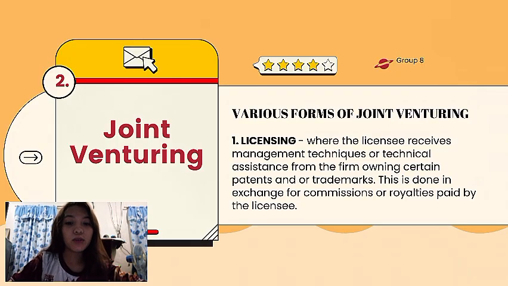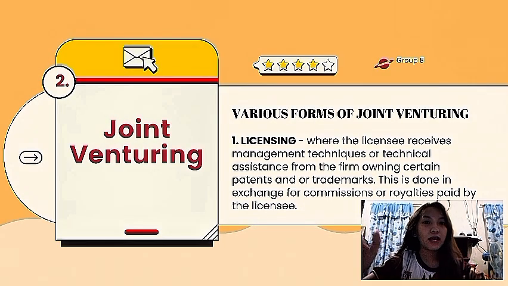Now, as we understand joint venturing as a way businesses expand internationally through partnerships, let's focus on the key methods that are part of joint venturing: licensing, contract manufacturing, management contracting, and joint ownership. First is licensing.